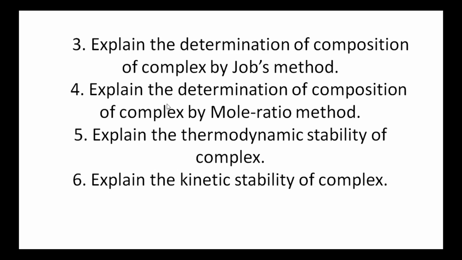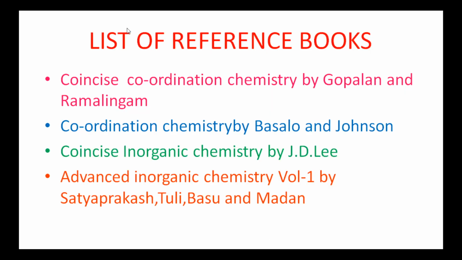Next, another one: explain the determination of composition of a complex by the mole ratio method. Next one: explain the thermodynamic stability of a complex using one example. Last question: explain the kinetic stability of complexes. These are the frequently asked questions for this unit. These are the list of reference books for this unit.